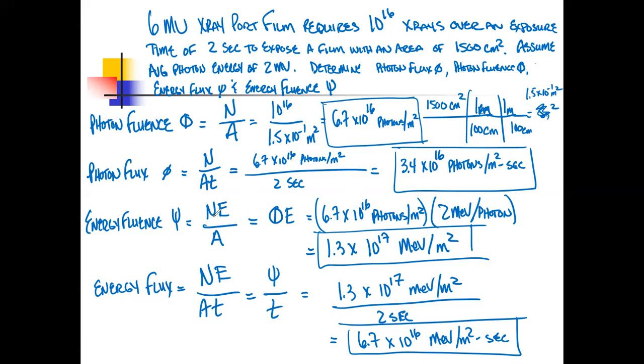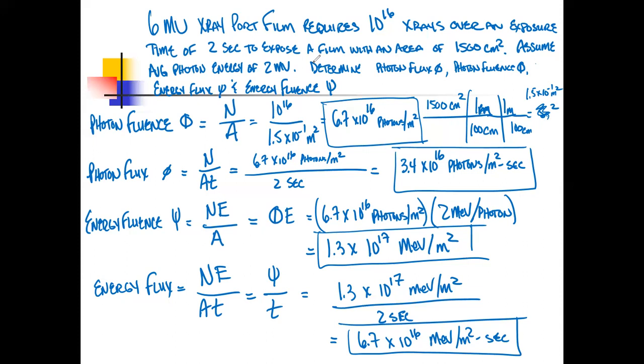So we're going to take the fluence here, and if we're looking for the energy fluence, basically we're going to say, okay, if on average here we have an energy of 2 MV, basically this 6 MV beam is behaving like a 2 MV beam. And what we're going to do is multiply by the energy of a 2 MV beam, or 2 MeV in this particular case. You'll find as you go through that MV is going to mean that there is a distribution.